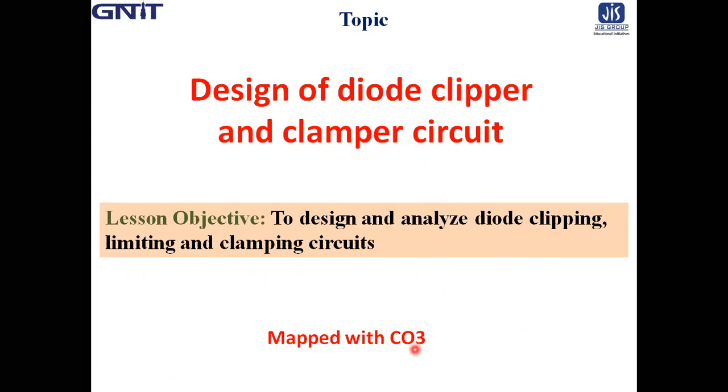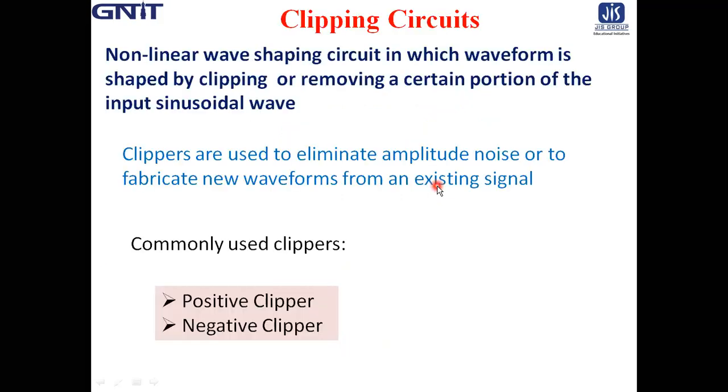So let us start lecture number 8 from the second module, that is PN junction diode and its application, with the topic of clipper and clamper circuit. So let us start with clipping circuit.